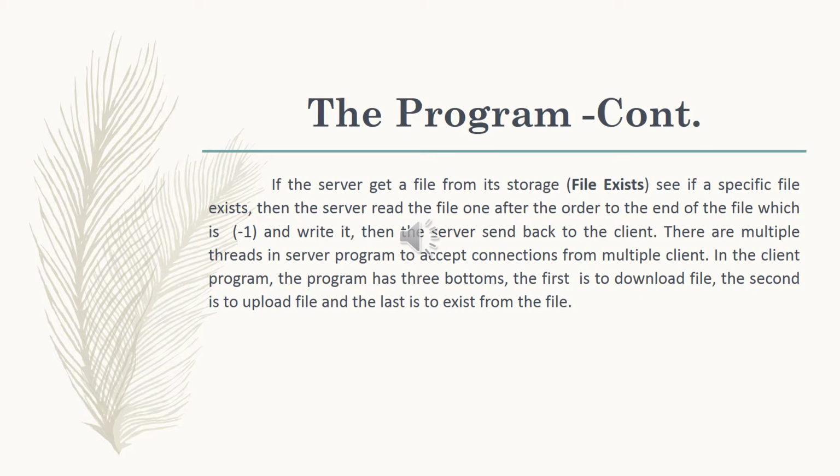If the server gets a request for a file, it checks whether that specific file exists. Then the server reads the file one byte after another until the end of the file, which is -1, and writes it. Then the server sends it back to the client.